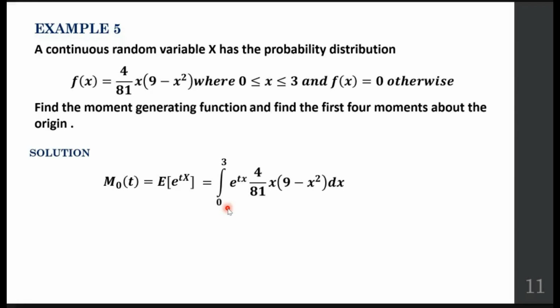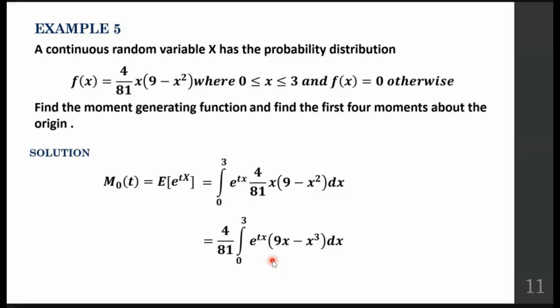Four by 81 is a constant which can be taken outside, and maybe x also can be taken inside the second term, so that it will become 9x minus x cube. Now use u into v. Be careful because we have 9x minus x cube. We are having algebraic function into exponential function. So write u into integral of v, and keep differentiating u repeatedly, and keep integrating v.